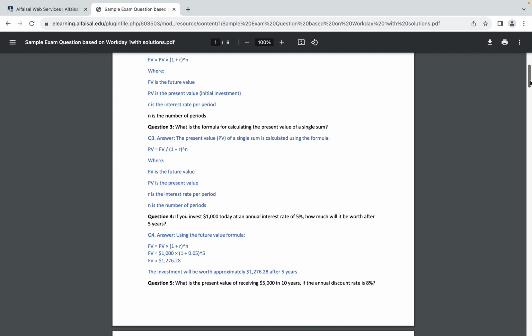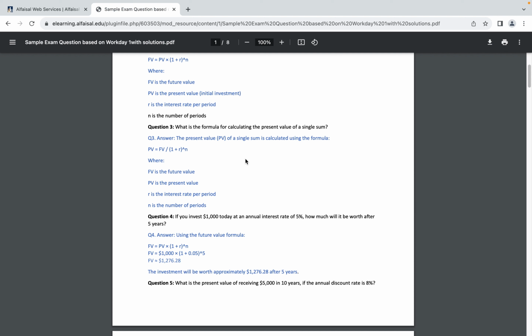Our next question, what is the formula for calculating the present value of a single sum? And again, this is simply a reworking of that previous formula. So here, we've got a sum of money sometime in the future along a timeline, and we're trying to understand what its value is worth today.